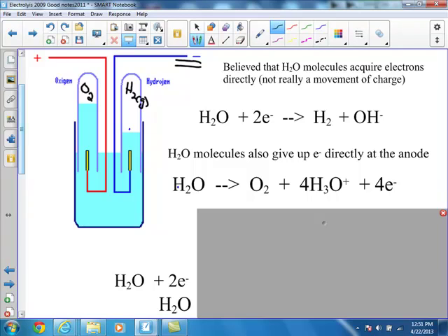Now if you notice this, how does the oxygen gas compare to the hydrogen gas? It's smaller. How much? Half. It's half the size. Yes. So there's twice as much hydrogen as there is oxygen? Yeah.